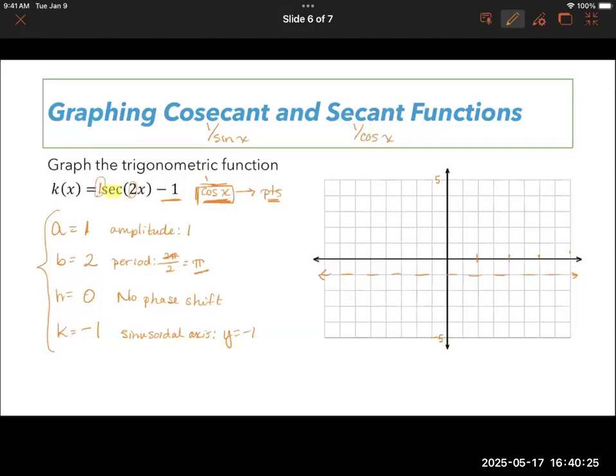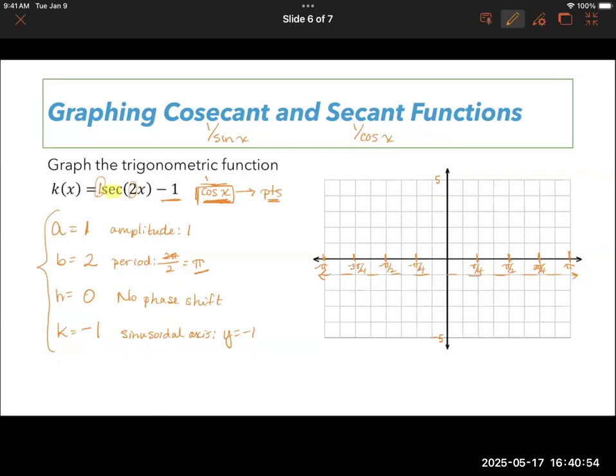Here are my tick marks. And this one should be pi for my period, which makes this one pi over 2, makes this one pi over 4, and makes this one 3 pi over 4. Now we'll do that in the negative direction. Negative pi, negative 3 pi over 4, negative pi over 2, negative pi over 4.